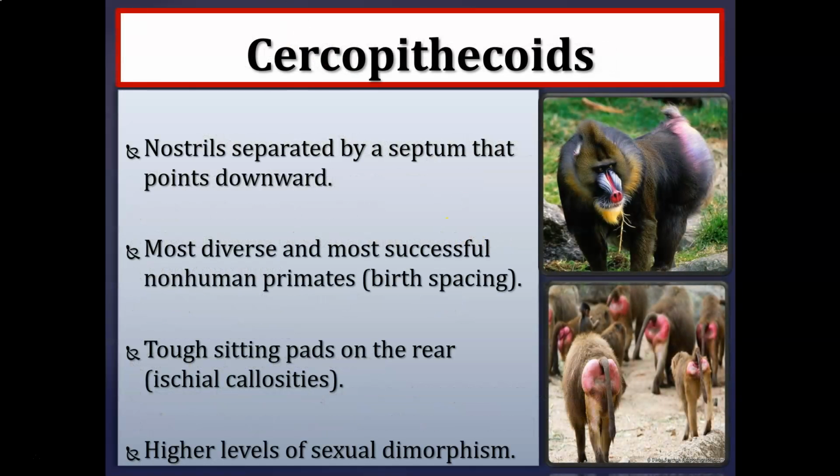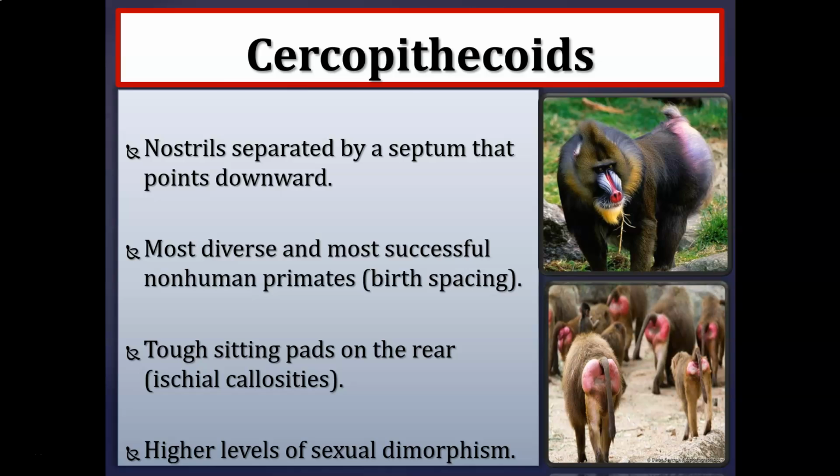All right, so you can see a picture of the ischial callosities here. Sometimes if you see a baboon at the zoo or other Old World monkeys, you see this kind of red-looking rear end. And you sometimes see a red rear end if you're looking at a female primate that's in estrus, that's going through her cycle. But the ischial callosities are found in both males and females of the Cercopithecoids.